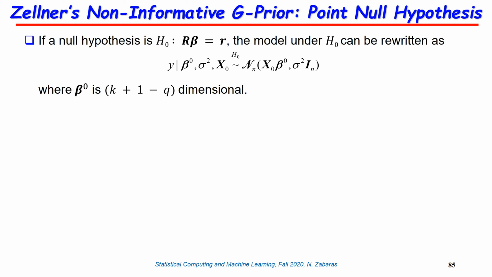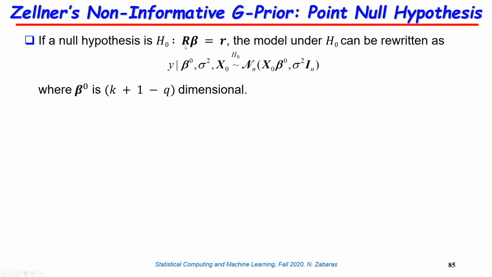All right, so let me go back to this idea of variable selection. If you remember, we had discussed in the earlier lecture for this null hypothesis where we introduced the constraint R times beta equal to R, where R was a matrix of dimensions Q times K plus 1.